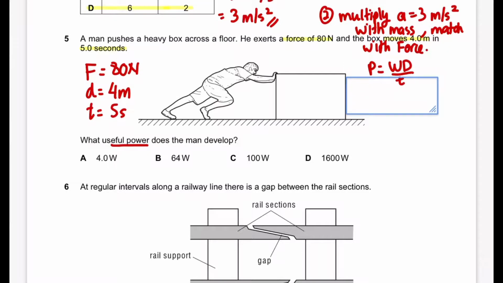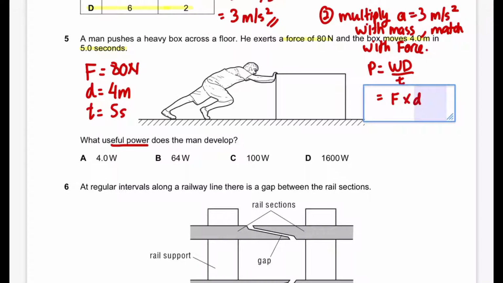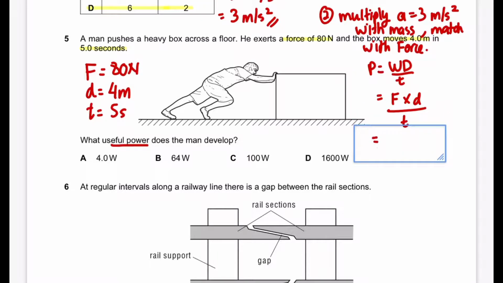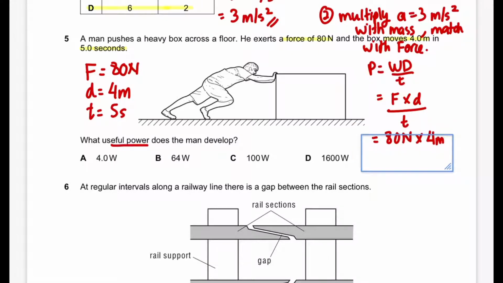Work done, we can break down into force times distance divided by time. So we know force is 18 newtons, the distance is 4 meters, and the time is 5 seconds. With the use of calculator, you'll be able to get the answer.